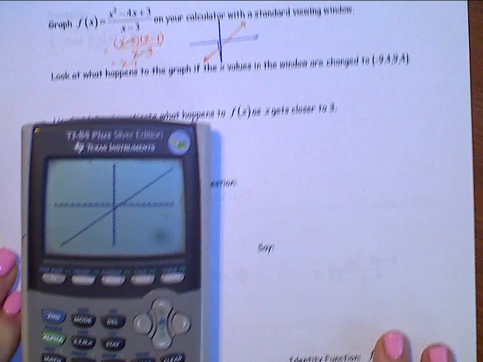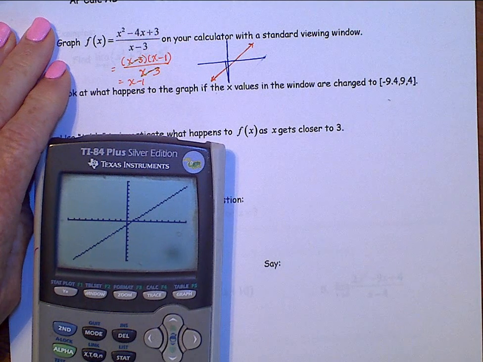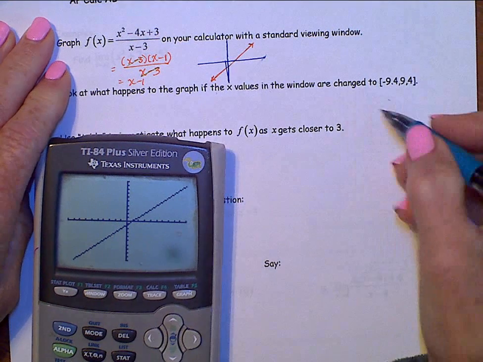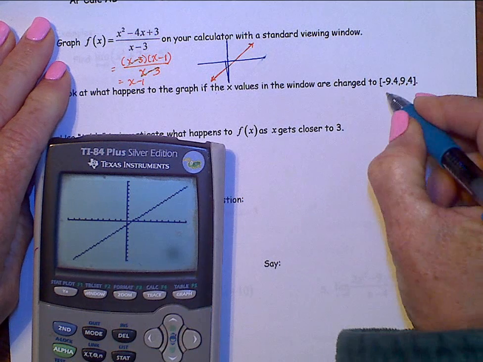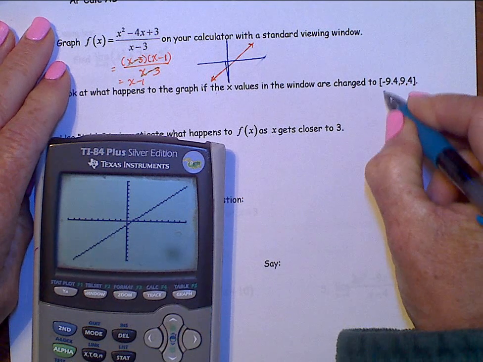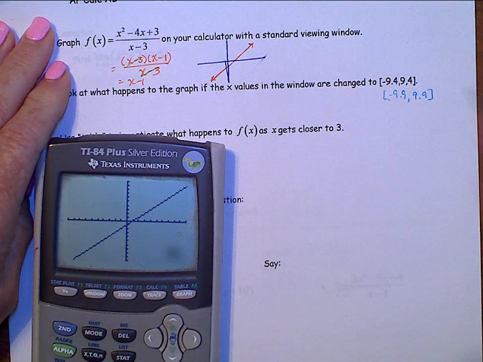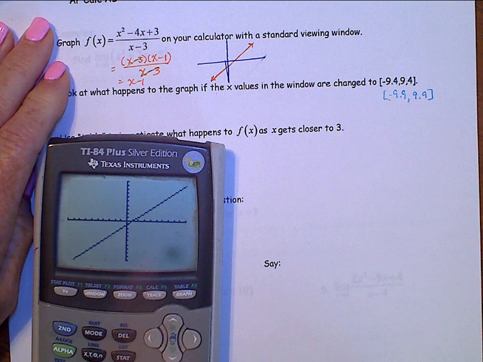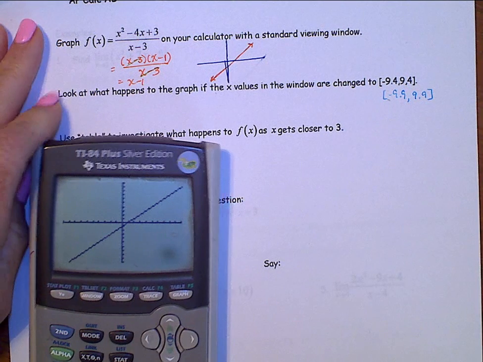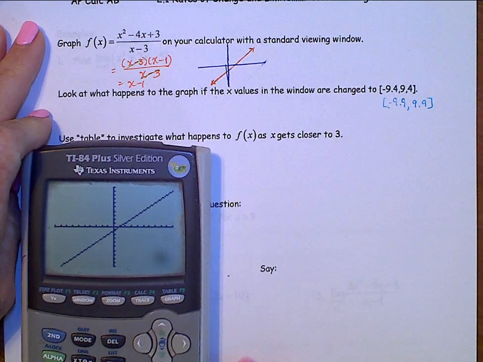If you have one of the really thin graphing calculators, the color ones, the CE, then try negative 9.9 to positive 9.9. It has to do with the number of pixels, little squares that turn on and off when we graph, as to which window you should use.